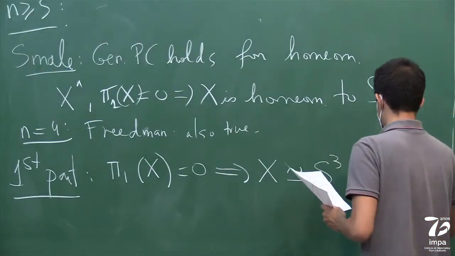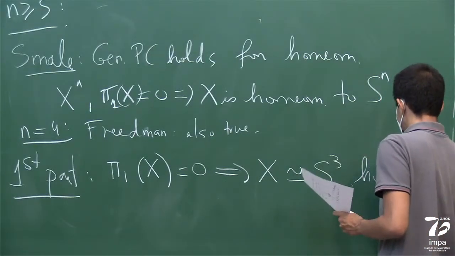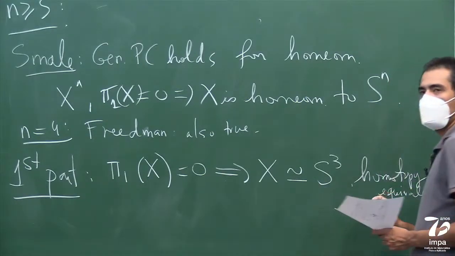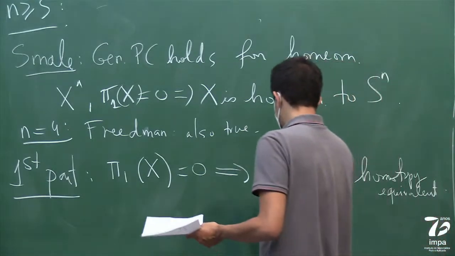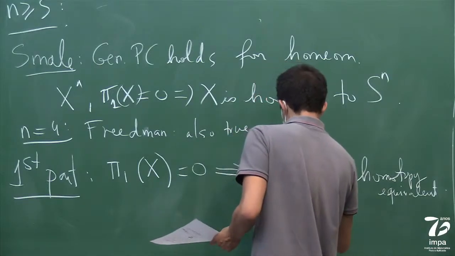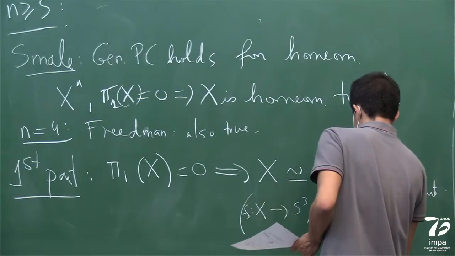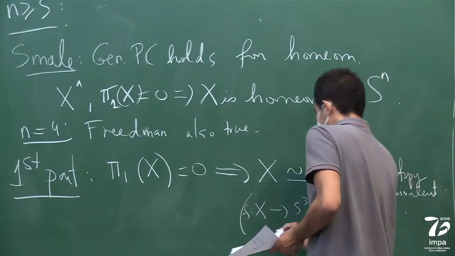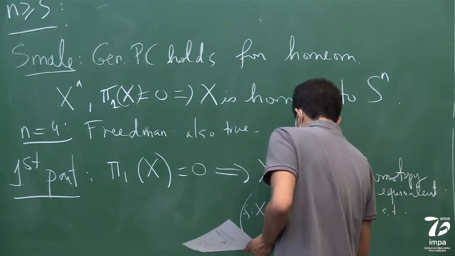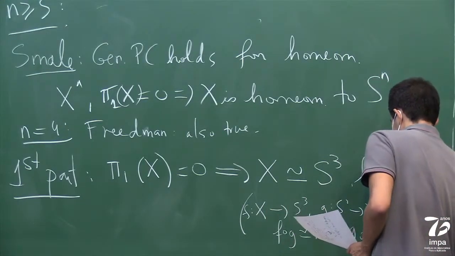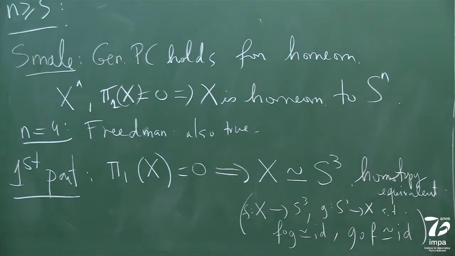Homotopy equivalent means that there's a map from X to S3 and a map from S3 to X such that the composition of both are homotopic to the identity. That's what it means.